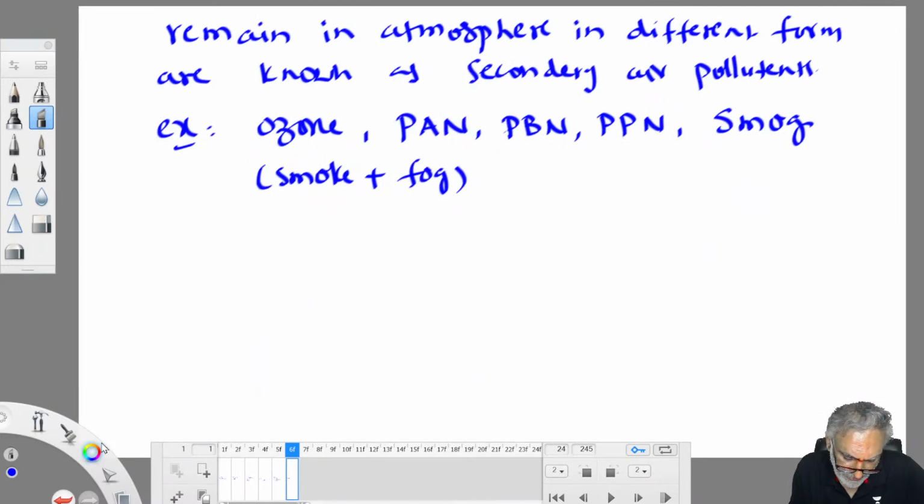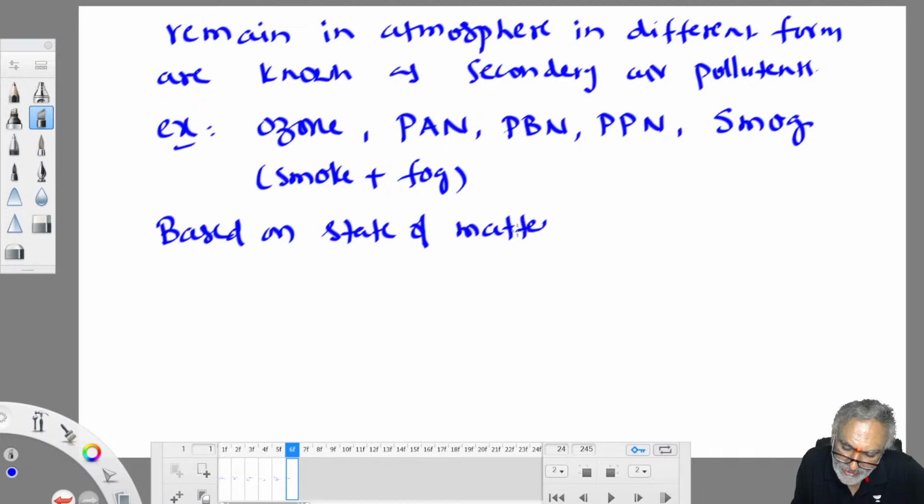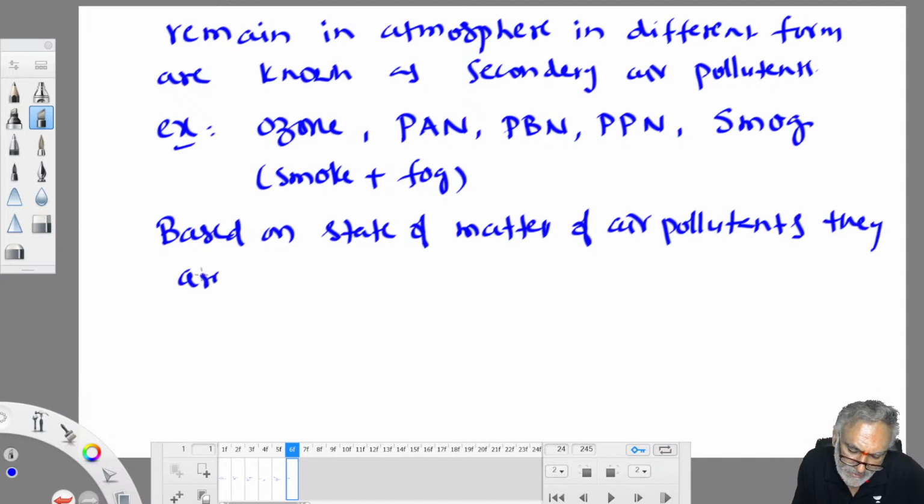This is one question they are asking. Then based on the state of matter of air pollutants, they are classified into two categories.